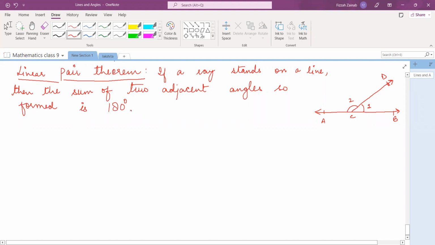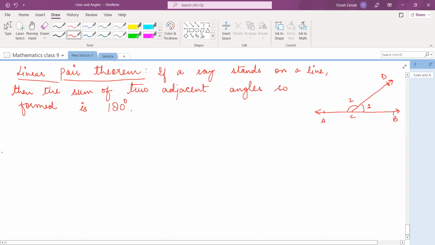That's the theorem. Fine, Ahmad? Yes, ma'am. So if AB is a line, then the two adjacent angles will form a linear pair. These angles are called a linear pair. And the converse is also true.